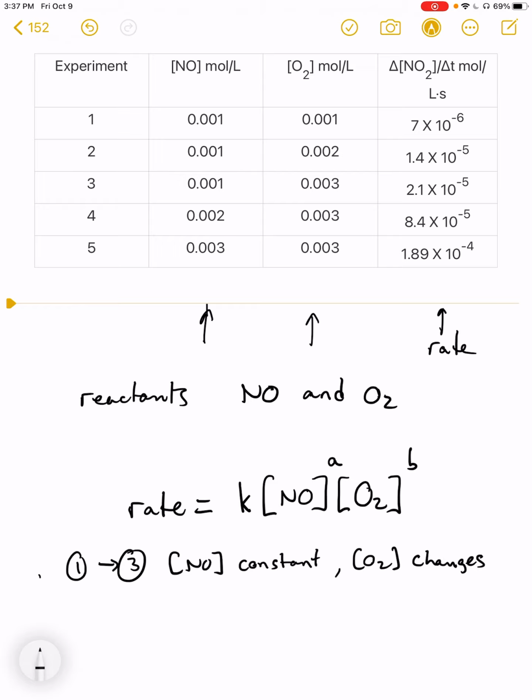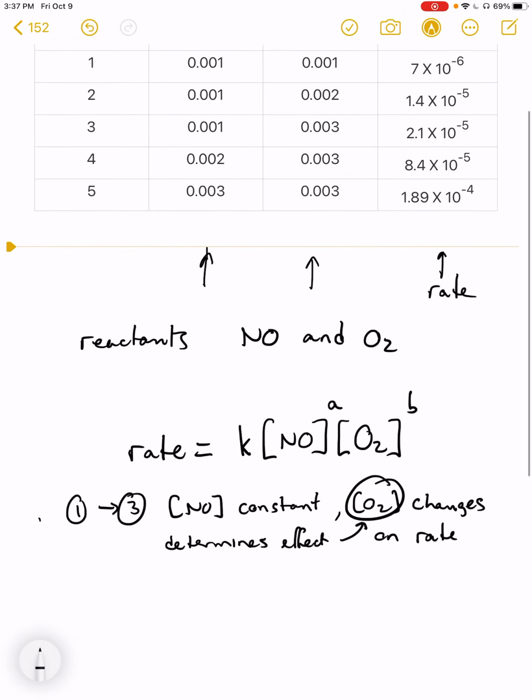So these experiments can be used to determine the effect of O2 on the rate. If we look at experiments 3 through 5, the opposite is true.